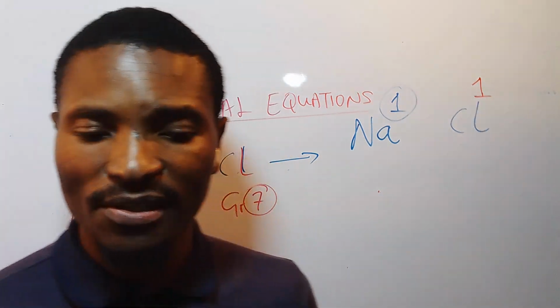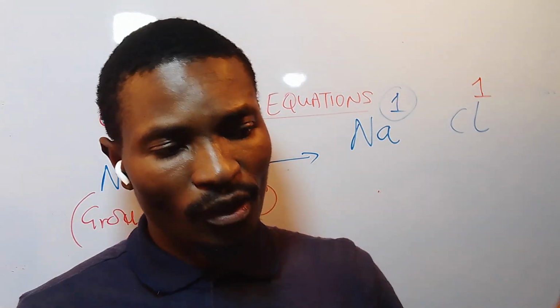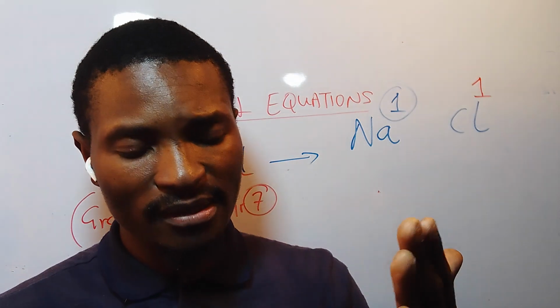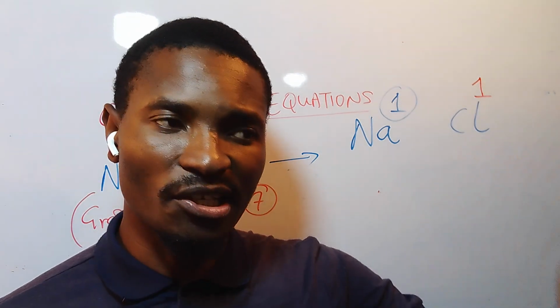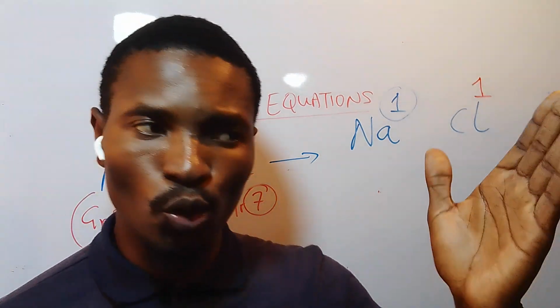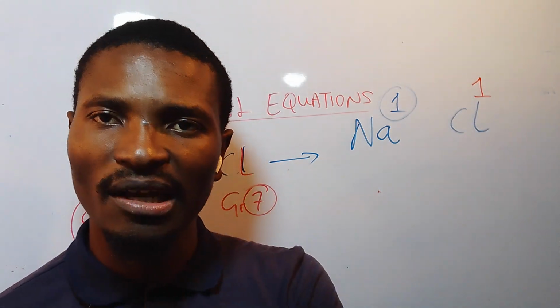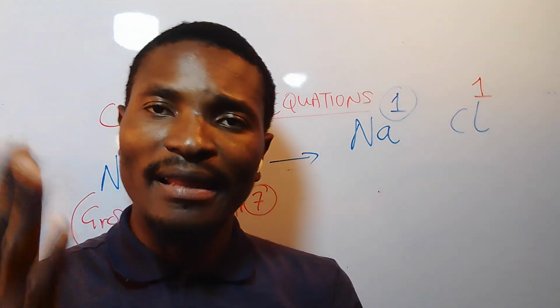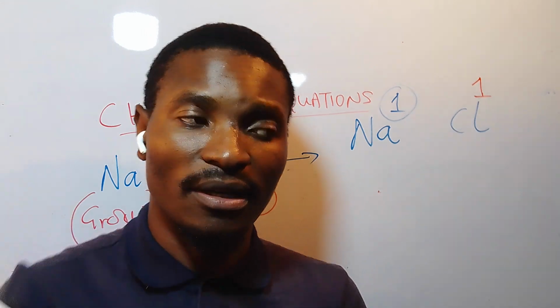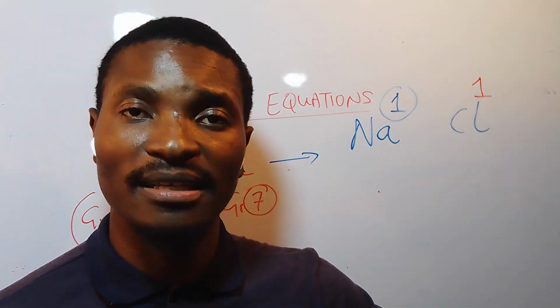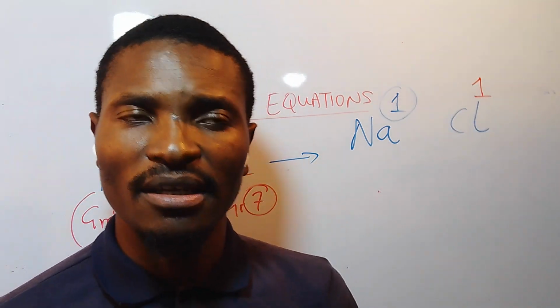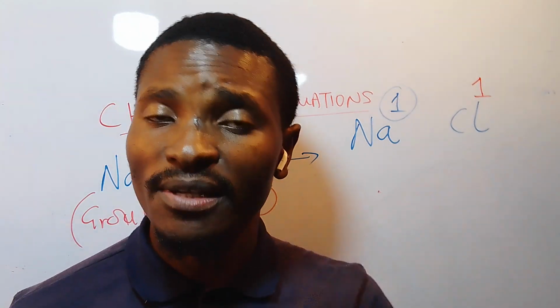Now you have to understand one thing: if the element you're dealing with is in group 1, 2, 3, or 4, the number of electrons that are going to participate in that chemical reaction is equivalent to the group number.